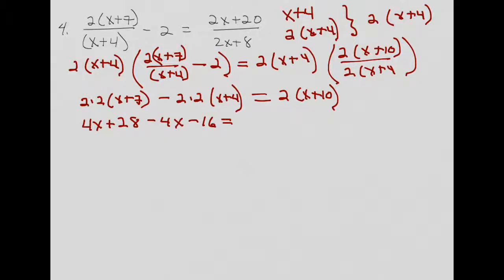The other side, I'm going to have 2x plus 20. Okay, so let's simplify this side. I have 4x minus 4x, that's going to be 0, and 28 minus 16, that's going to be 12, so this side is 12. The other side is going to be equal to 2x plus 20.